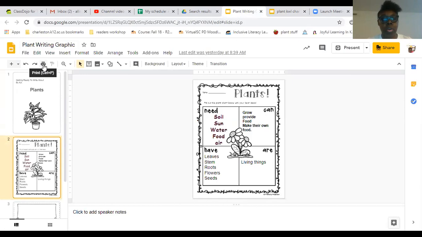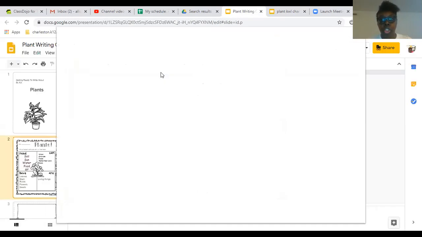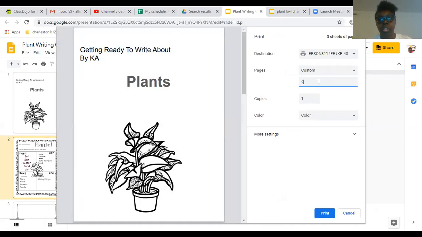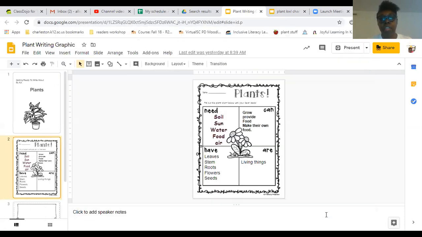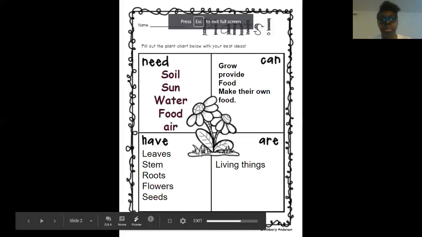While you're watching, I'm going to print out that page so that I can have it next to me when we go to the next slide. So let's review while that's printing out. Plants. Let's zoom in a little bit closer so that we can see it. And we can go ahead and do the presentation.